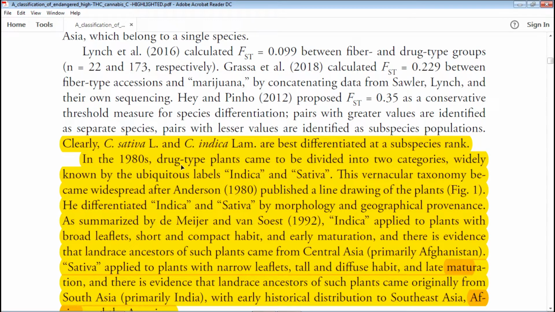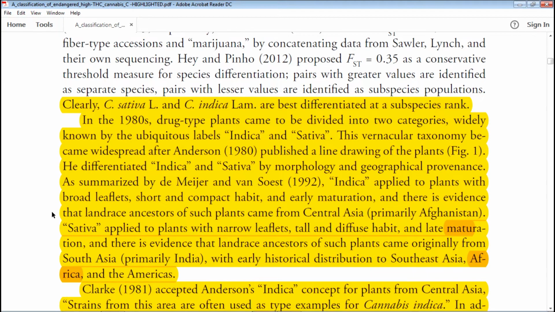In the 1980s, drug-type plants came to be divided into two categories, widely known by the ubiquitous labels indica and sativa. This vernacular taxonomy became widespread after Anderson, 1980, published a line drawing of the plants. He differentiated indica and sativa by morphology and geographical provenance.